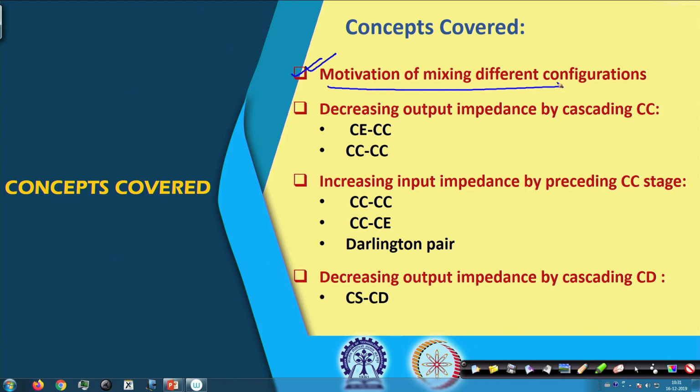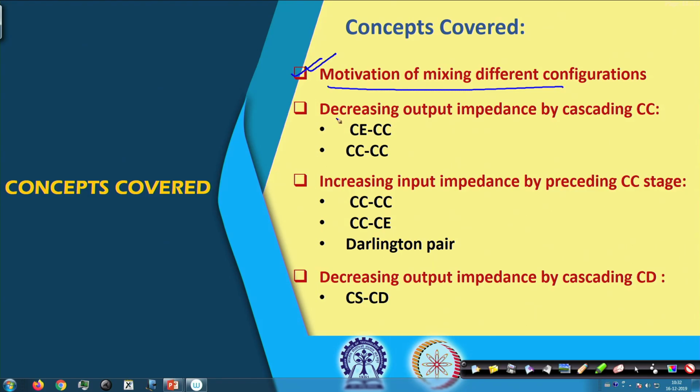Based on that, we shall see how meaningful mixing is useful to change the input impedance and the output impedance, and what the overall circuit performance is, particularly when you consider the bandwidth of the circuit and their influences, and so on.